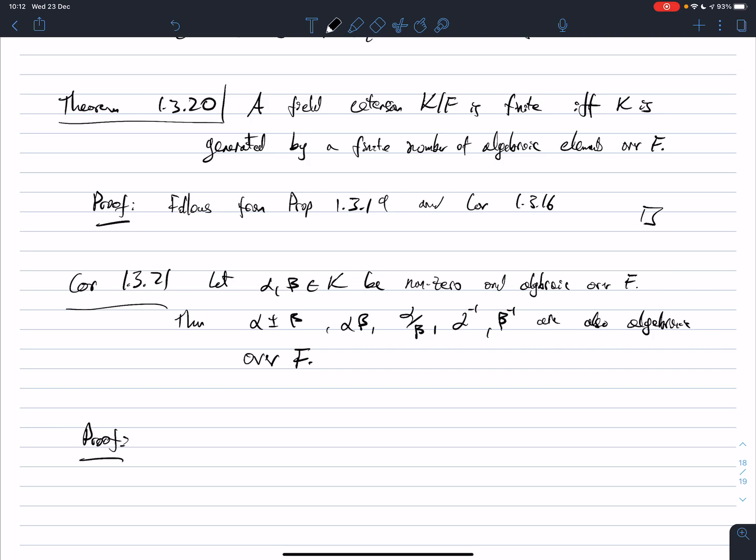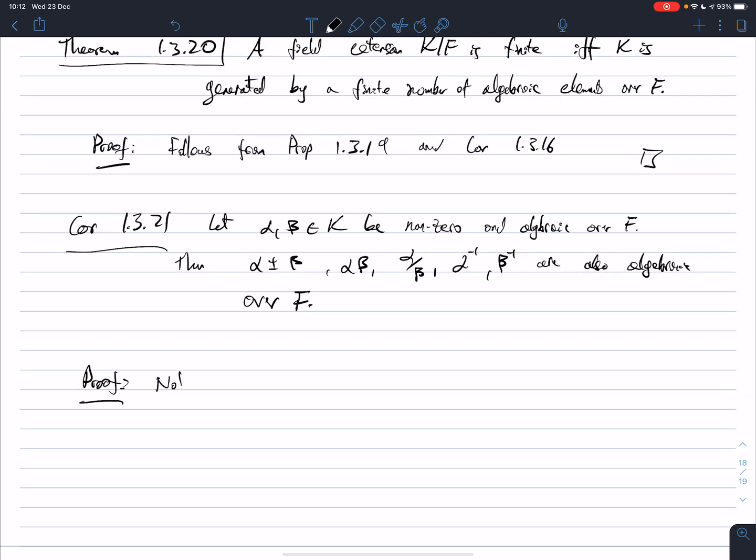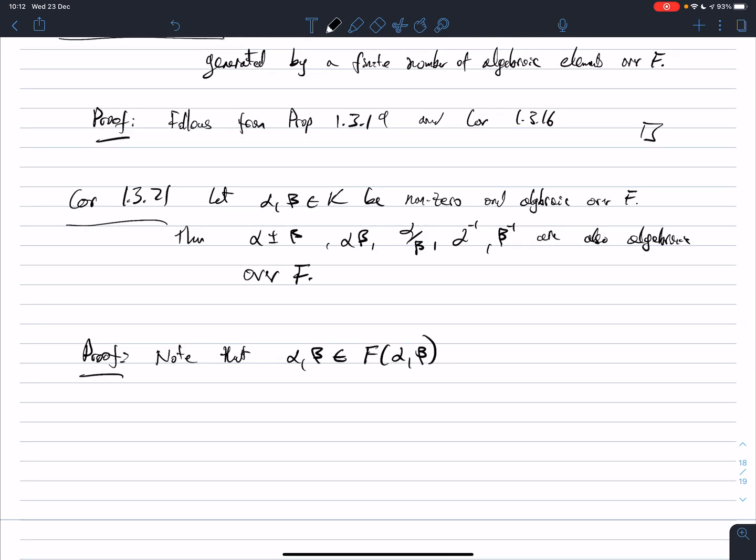So I'll give this corollary a proof. Note that alpha and beta are always contained in this field. This is the smallest field which contains F, alpha, and beta. So clearly alpha and beta are in here. By Proposition 1.3.19, because I've taken these things to be algebraic numbers, we know that the degree of F(alpha, beta) over F is finite.